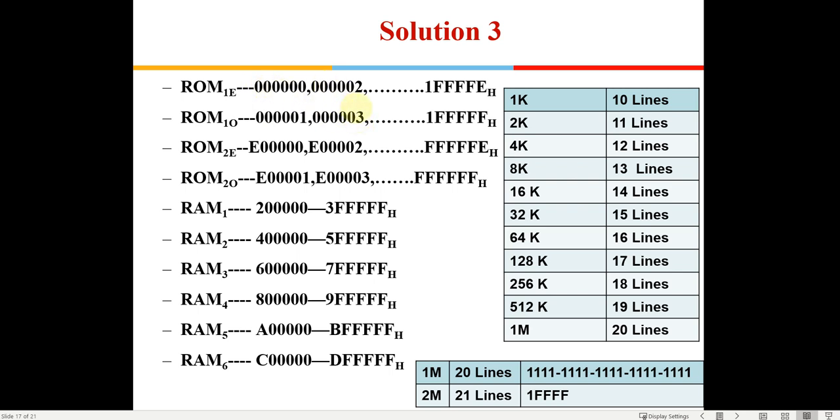From this table, 1 MB is 20 lines, so 2 MB will be 21 lines. For the 20 lines you have 4 Fs, and for the 21st line you have one more 1. So the end address for 2 MB will be 1 FFFF, and for even and odd together it will start from 000 and end at 1 FFFF.